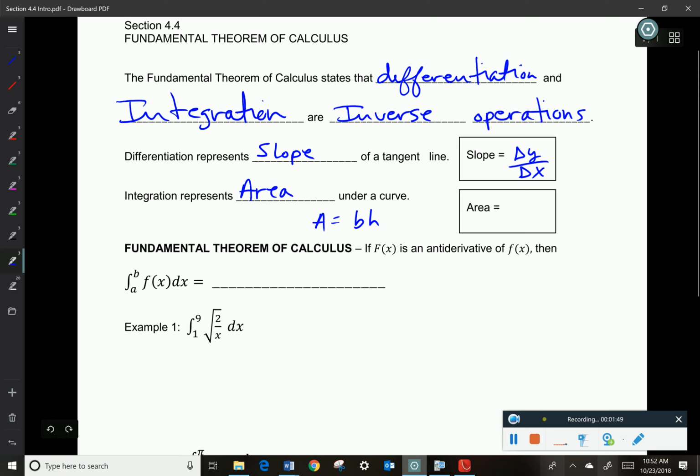On our curves, the base of the rectangle was the change in x, and the height of a rectangle was the change in y. So where slope represents, in essence, a division, area, in essence, would be multiplication. And that's just a real basic way to think about how they are inverse operations.